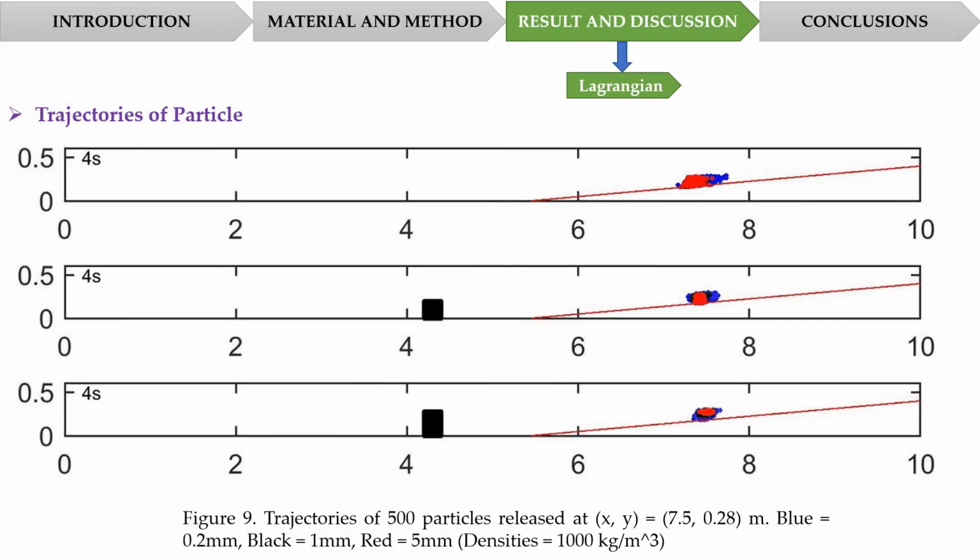This case shows the density equal to 1000 kilogram per meter cubed, also for 3K. This slide also shows 3K for non-structure NS and WS1 and WS2.